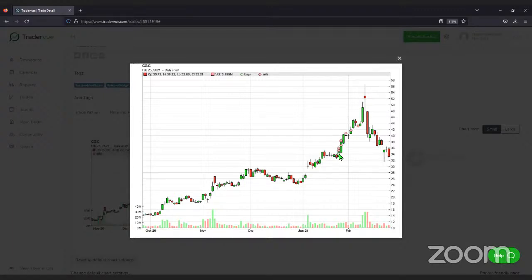As you can see, for this example, I got involved in CGC at 34, and then I started scaling out as it was trading higher. The green diamonds equal buys, and the red diamonds equal sells. So that's me getting involved for a swing trade, scaling out on the way up.